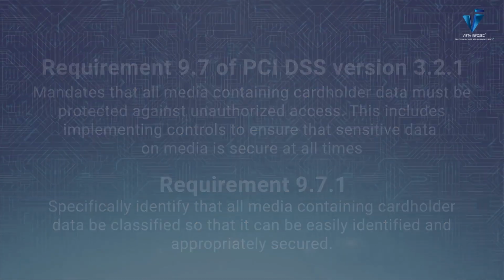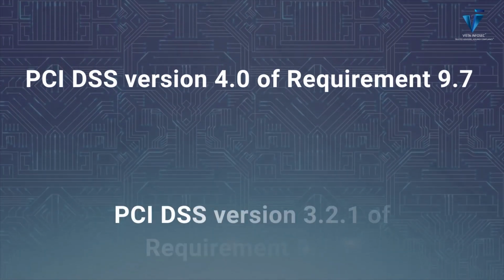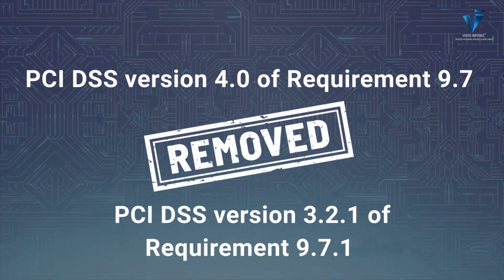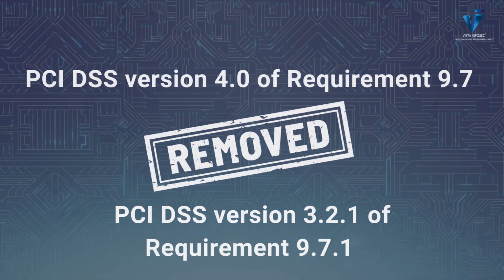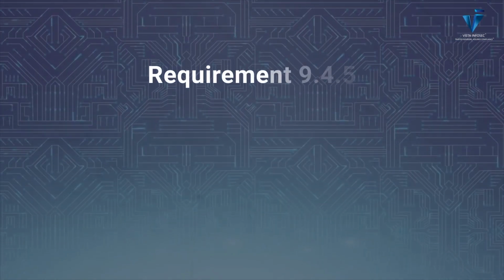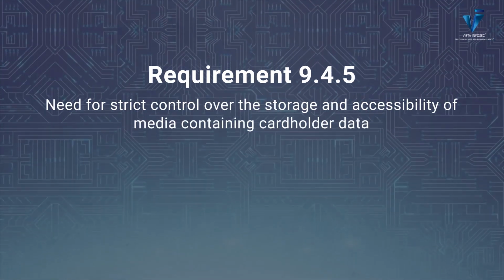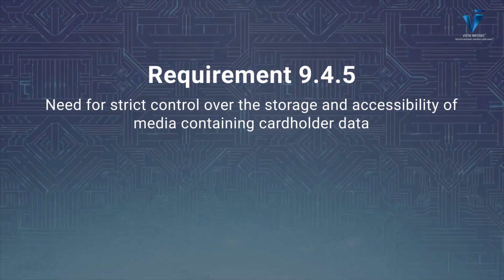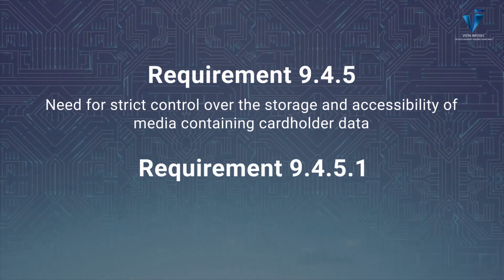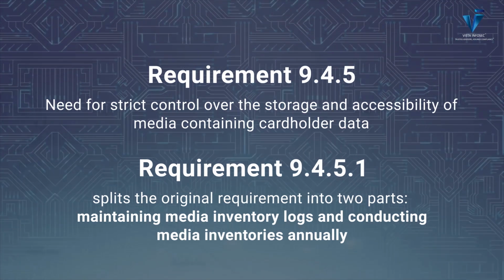But now we see that both these requirements from the older version, 9.7 and 9.7.1, have been removed in PCI DSS 4, and their procedures are integrated into an updated requirement, which is 9.4.5, which addresses the need for strict control over the storage and accessibility of media containing cardholder data, while requirement 9.4.5.1, which is a sub requirement, splits the original requirement into two parts.